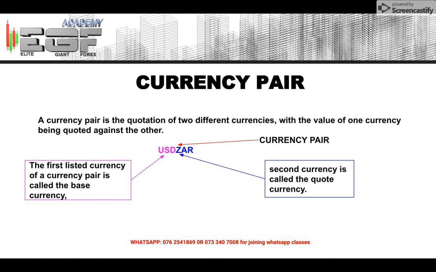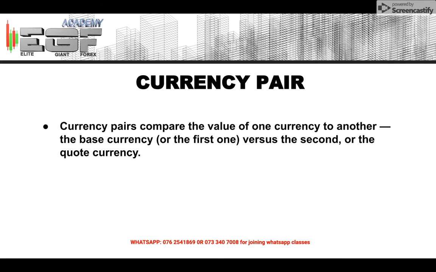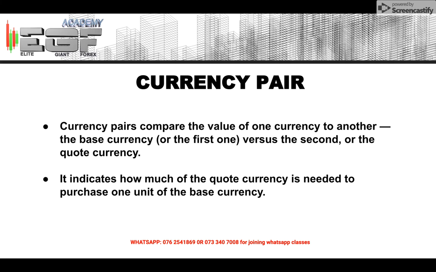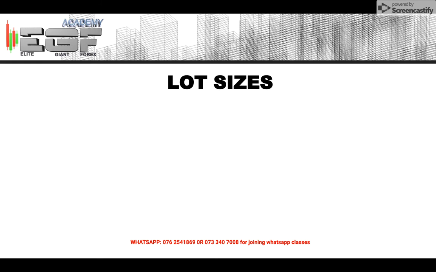Then the second currency is called the quote currency, like the rand, ZAR. A currency pair compares the value of one currency to another, the base currency versus the quote currency. It indicates how much of the quote currency is needed to purchase 1 unit of the base currency.